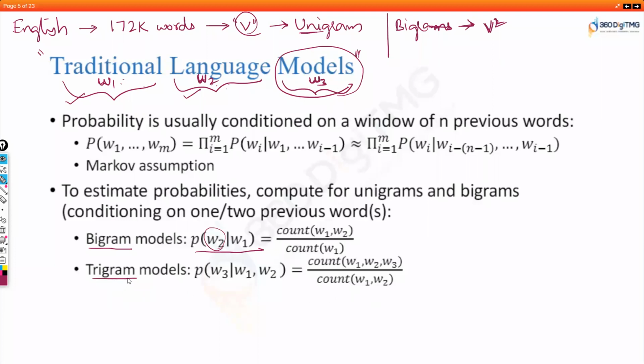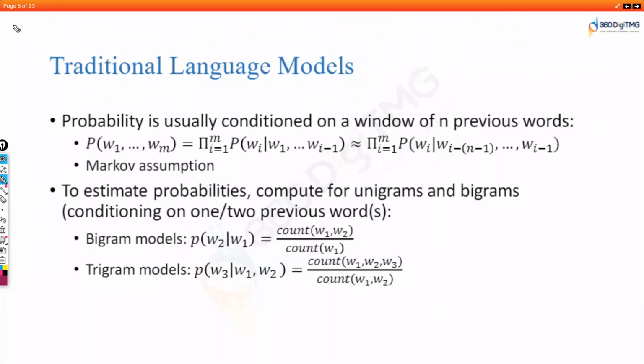That would give you the trigram model. When you have trigram, you'll have V raised to the power 3. In that way, you can go on and on. If you have an n-gram model, you will have V raised to the power n. Those will be the approximate number of words.